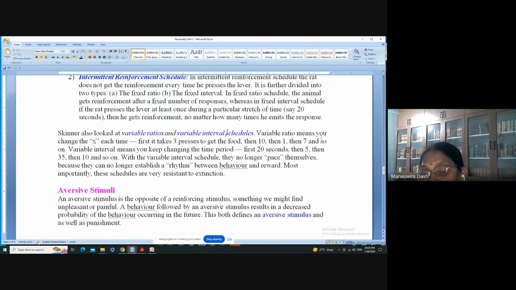They cannot know when they will get the reward. And most importantly, variable schedules are very resistant to extinction, particularly variable ratio schedules.